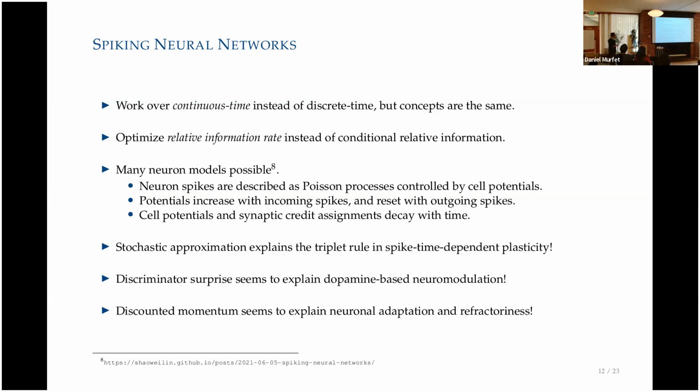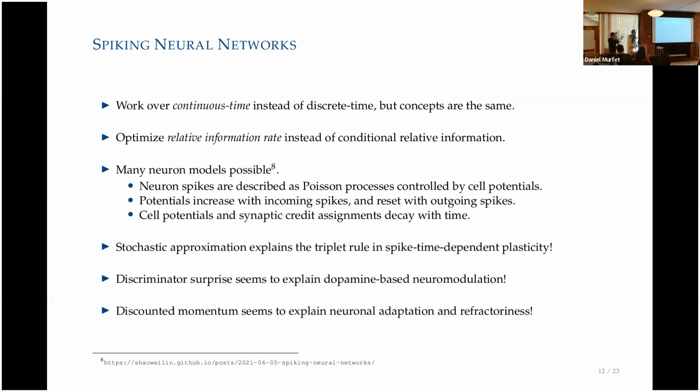And third, the potentials are in each synapse. The synapse is a connection between two neurons, just as the weights in deep learning are the weights between neurons. It turns out that you have to do credit assignment. That tells you how much to update the weight of that synapse given the spikes in time.